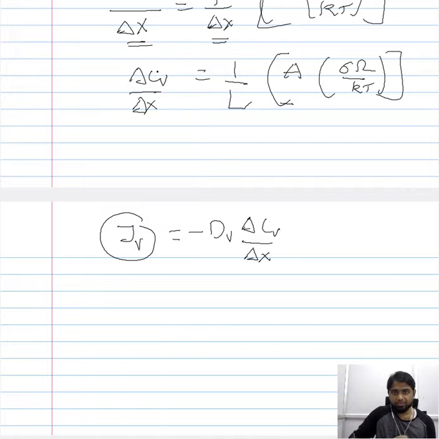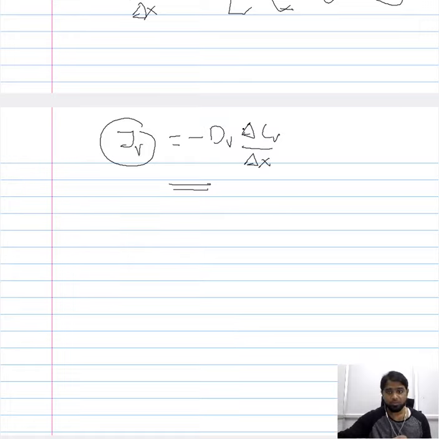So the reason we calculated the gradient is because we want to calculate the flux of the vacancies, and the flux of these vacancies is given by this relation, which is nothing but Fick's first law. You have the diffusivity component here, that gives the mobility to the vacancies, and the gradient of the vacancies, which is the driving force for the flux.